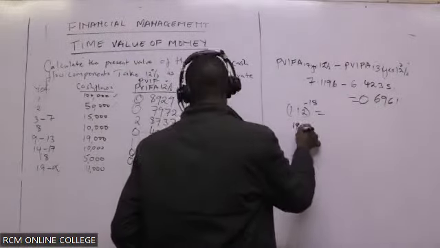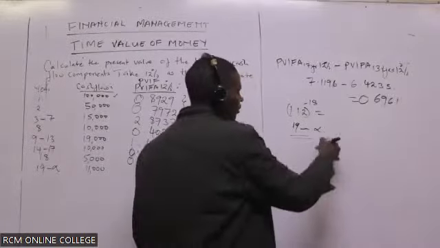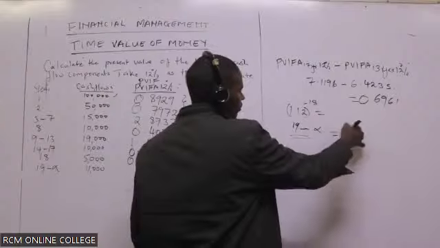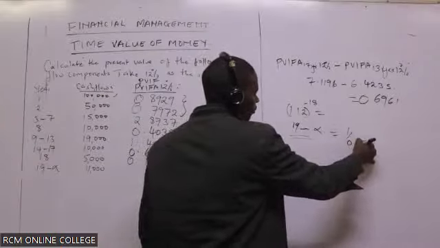Year 19 to infinite. We said to get the present value of infinite, the present value is 1 over R. R is 0.12.